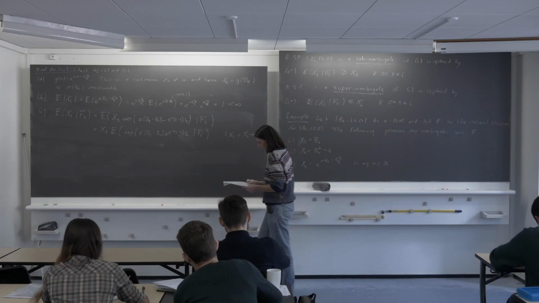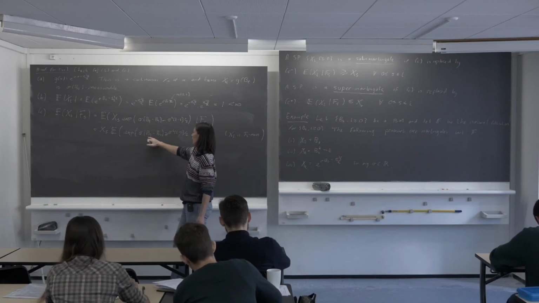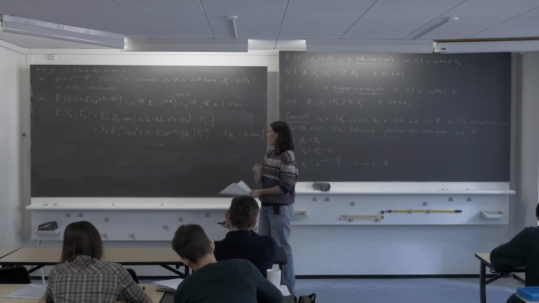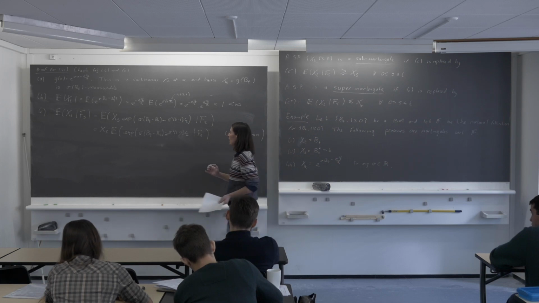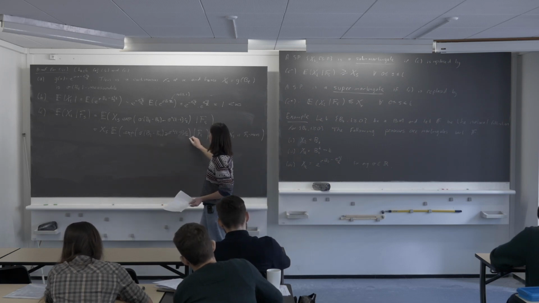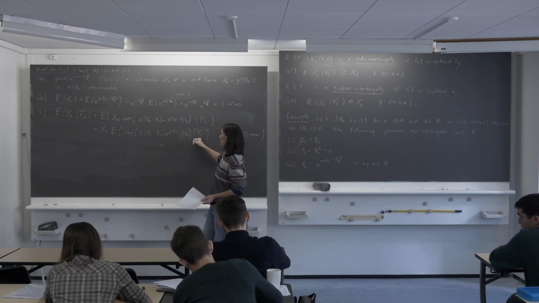Okay, but we also know that Brownian motion has independent increments. So we know that Bt minus Bs is independent of the whole history of the Brownian motion up to time s. So in particular, this random variable here is independent of this sigma algebra.